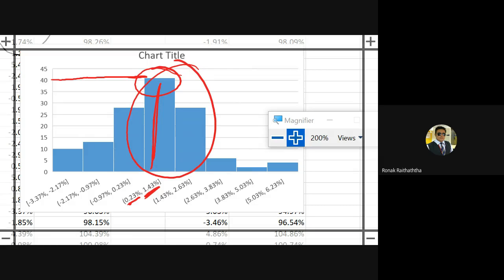Now in a similar manner, if someone can give me an interpretation of this bar, please unmute yourself and let me know. What is the interpretation of this bar? Anyone?